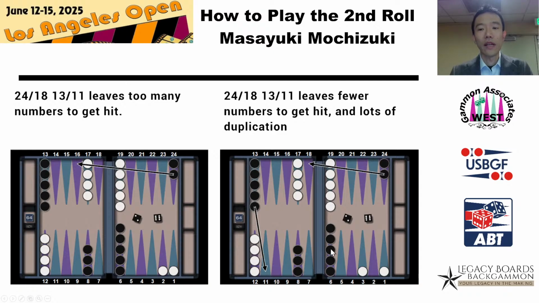And also note that 6-4 is duplicated. White can make the bar point with a 6-4 anyway, so 6-4 is a good number regardless. On the left hand side, you are giving 3-6, 5-4, 6-4 and 6-5 to make a bar point.